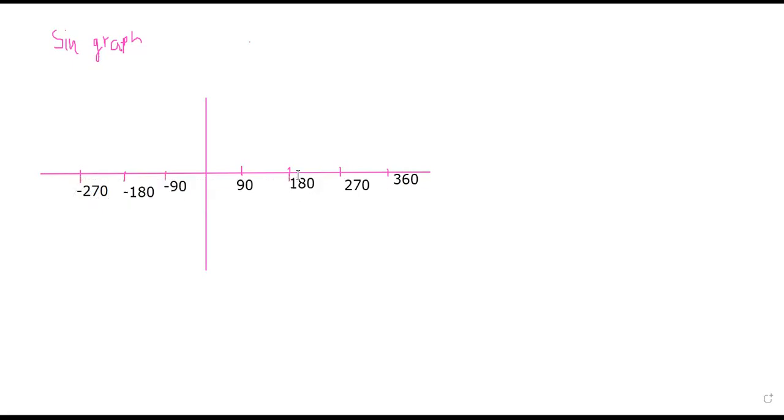Okay, so in this sine graph, the graph is going like this. The intervals are 180, and it's going through the origin, and in the y-axis this is 1 and this is minus 1.